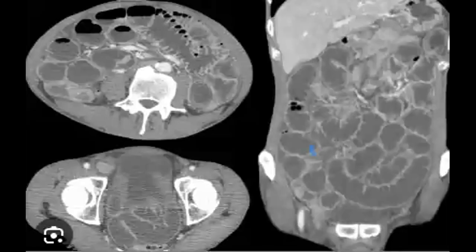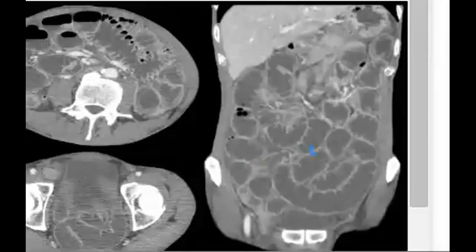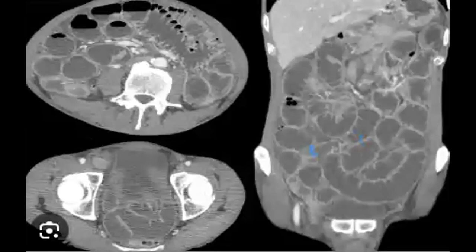I don't know if you agree with me or not that he has right now a critical situation. What critical situation does he have? Does anyone know what it could be? No? There is dilatation in the bowel loops, if you agree with me.